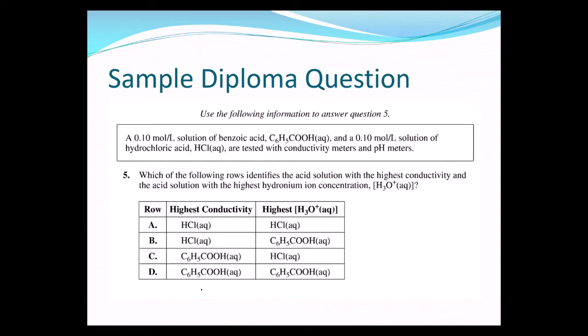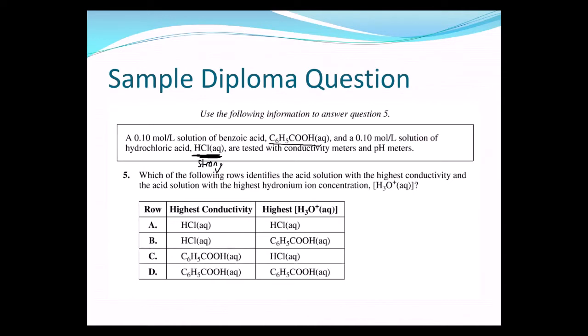So here we have a 0.1 mole per liter solution of benzoic acid and a 0.1 solution of hydrochloric acid. So if you take a look at your data booklet, you're looking for whether it's a strong or weak acid. And if you see HCl on your data booklet on that list of acids and bases, HCl is one of the top 3, which makes it strong.